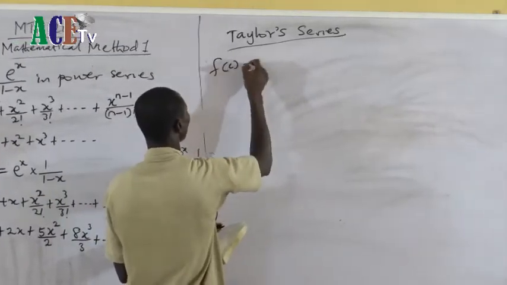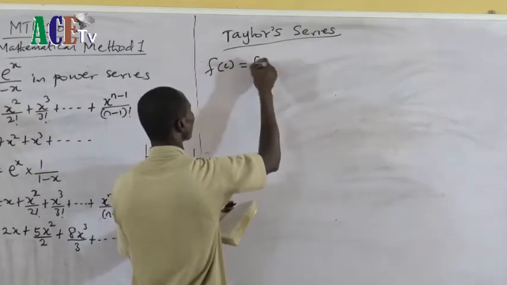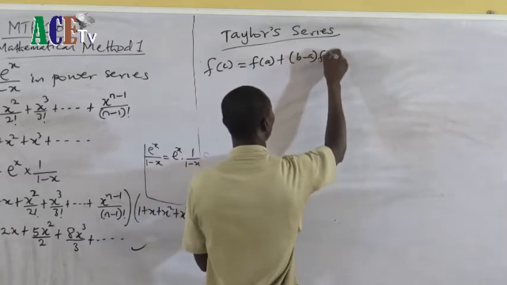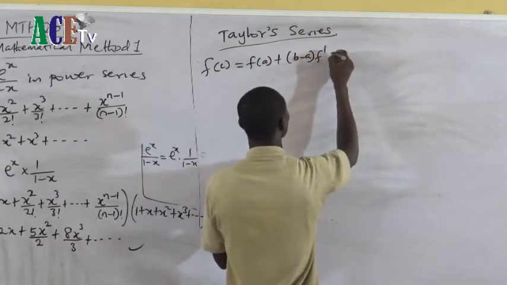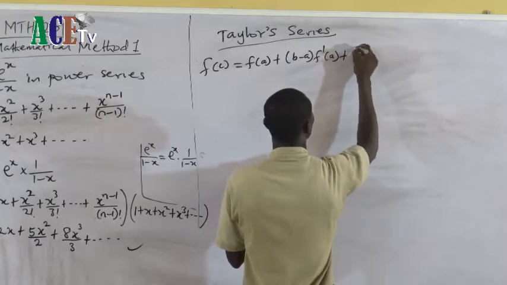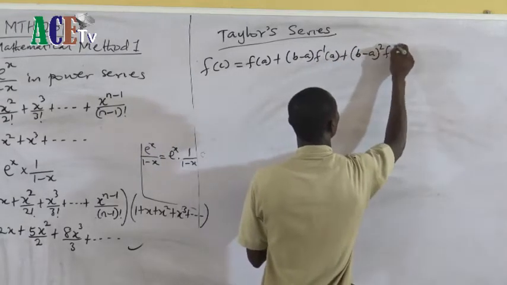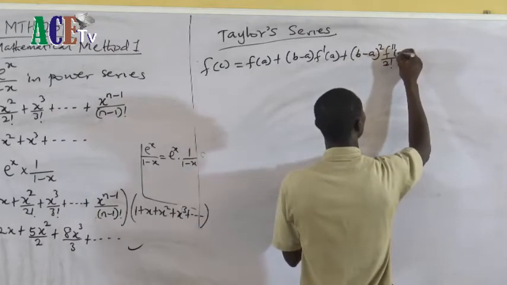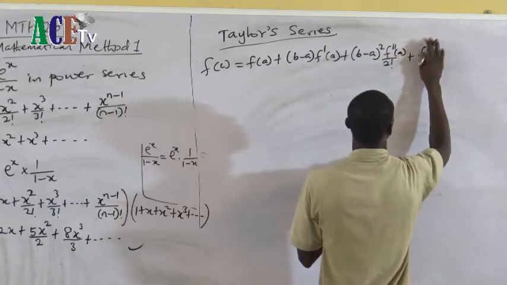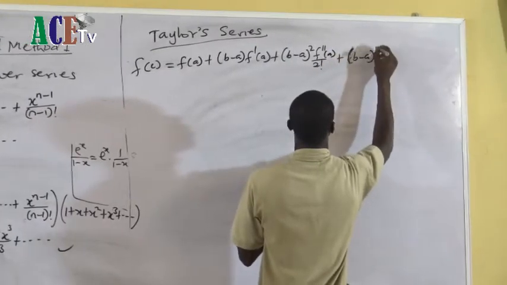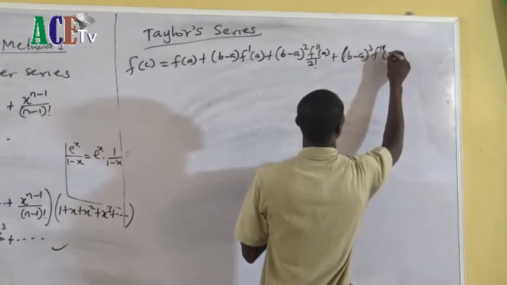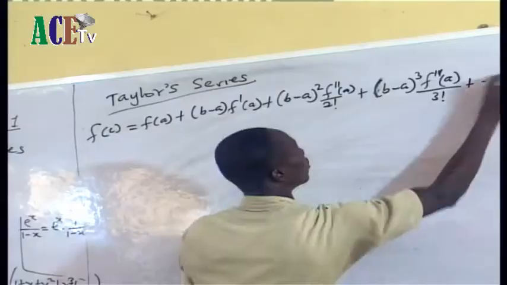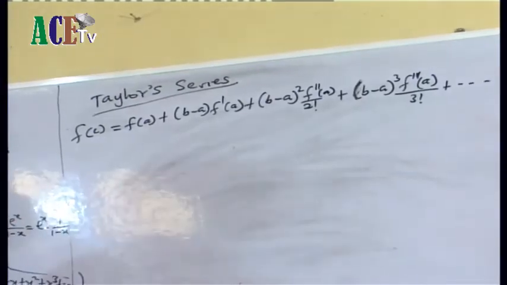I said f of c will be equal to f of a plus (b minus a) f prime of a plus (b minus a) squared f double prime of a over 2 factorial plus (b minus a) cubed, and so on. Yes, that is Taylor's expansion.